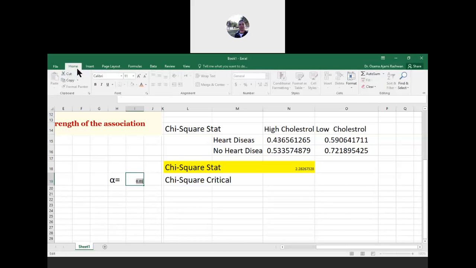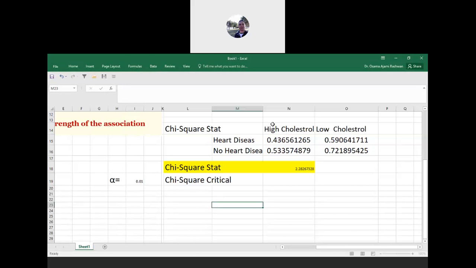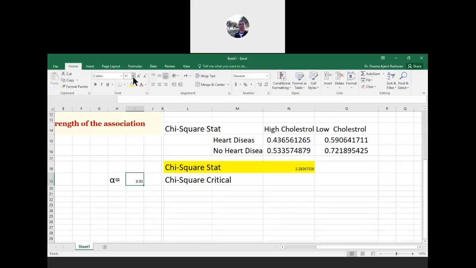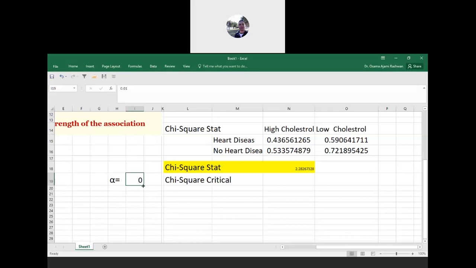So I'll go for the degree of freedom. What is the degree of freedom in this case? How many categories do I have for the column? How many columns do I have? 2? Yes. So I have to mention the degree of freedom here for my case.